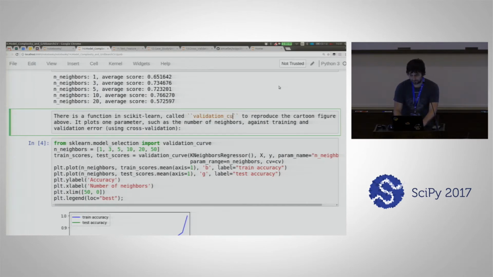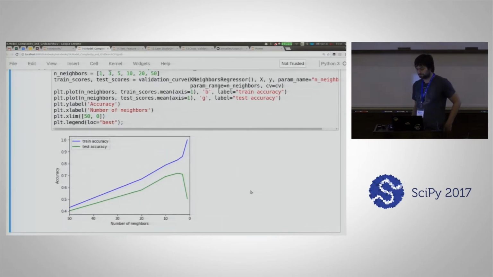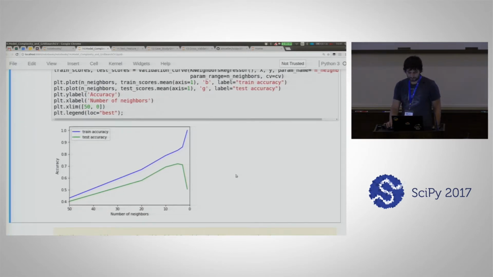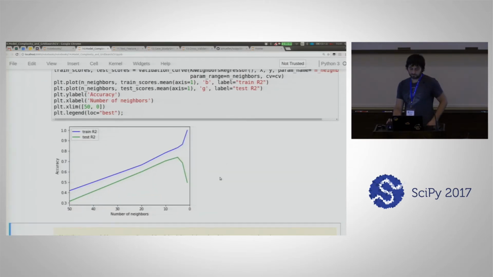So here you can see how the, it's not accuracy, it's actually R squared, how this changes with the number of neighbors, and you can see this kind of reflects the curve that I had up in this sort of cartoon.